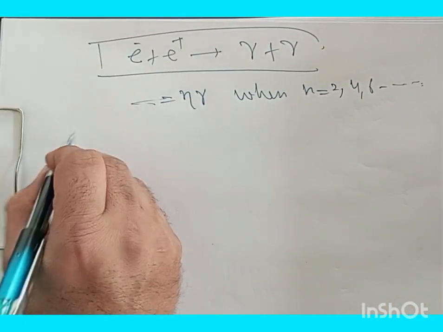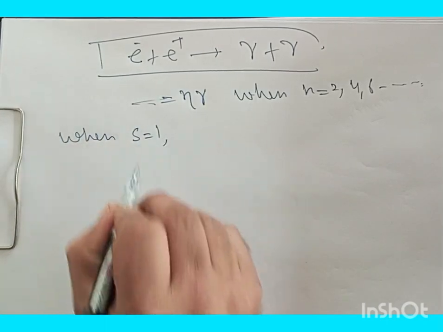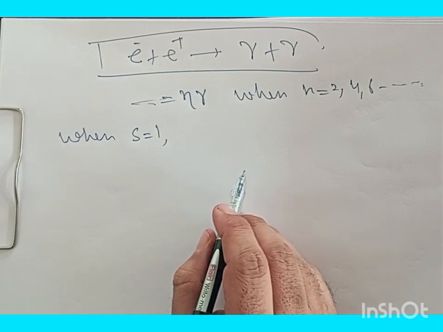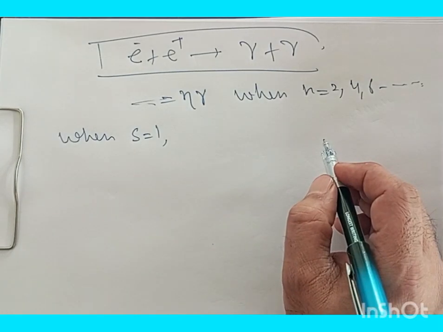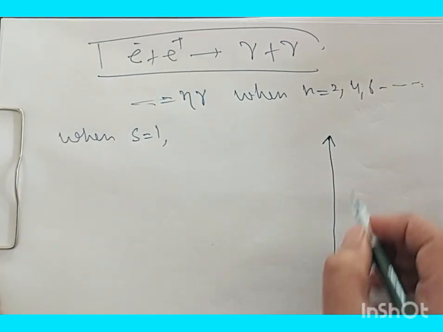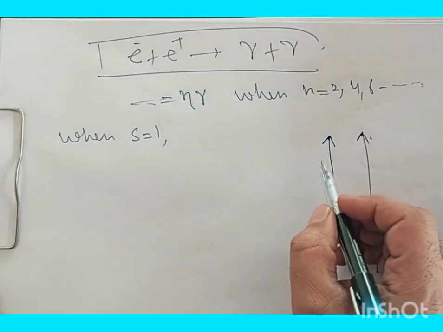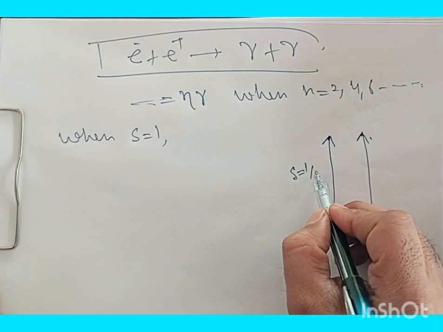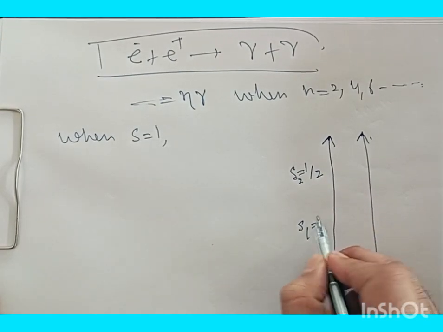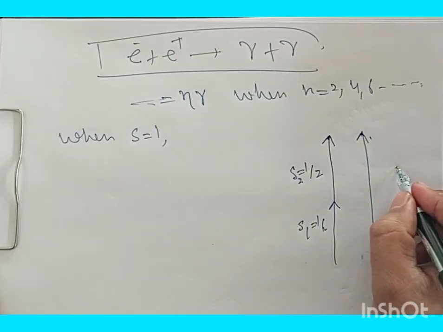Now, talking about another state, when this s is equal to 1, the spins of the electron and positron are parallel. We have a situation like this, where S1 is 1/2 and S2 is 1/2, in the same direction.